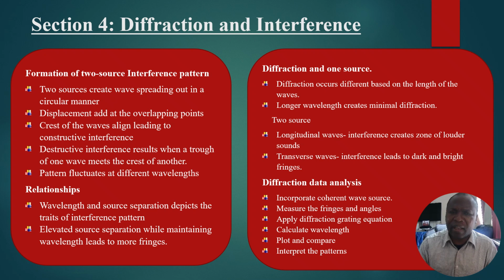In diffraction, transverse waves occur when waves like light encounter obstacles or slits comparable to their wavelength, causing bending or spreading. Longitudinal waves, such as sound waves, also experience diffraction, allowing sound to bend around corners.